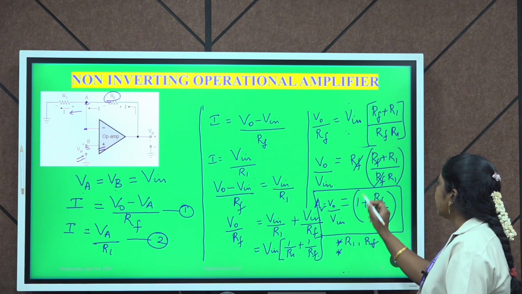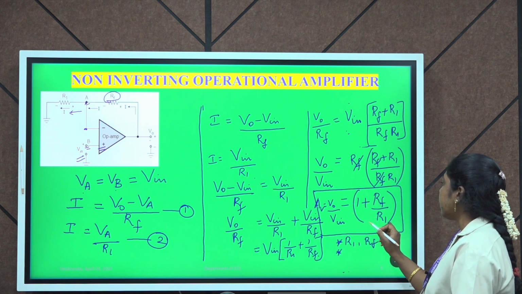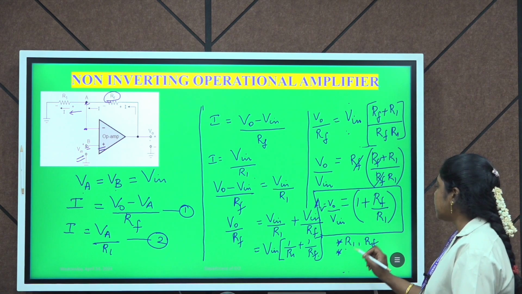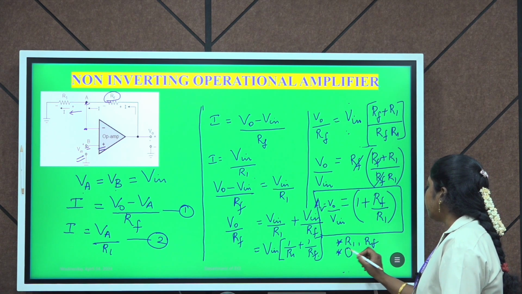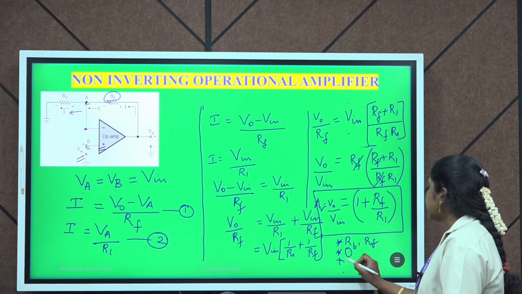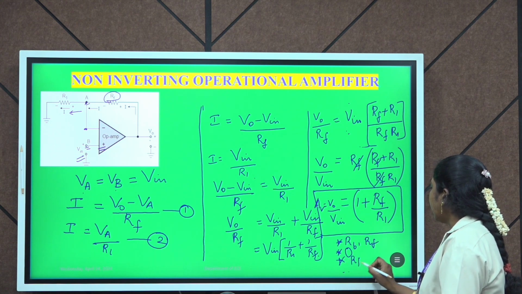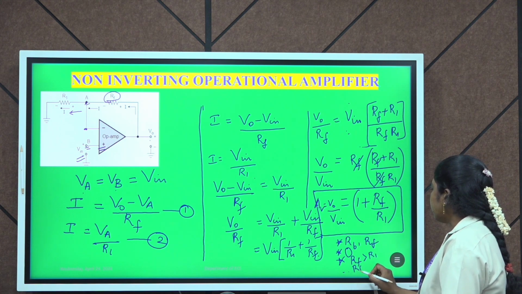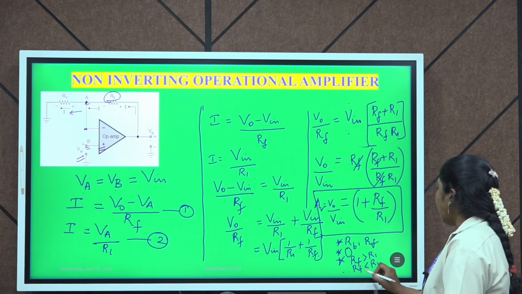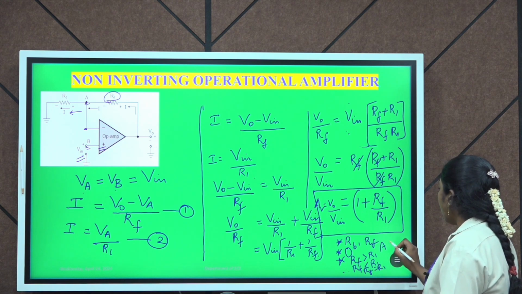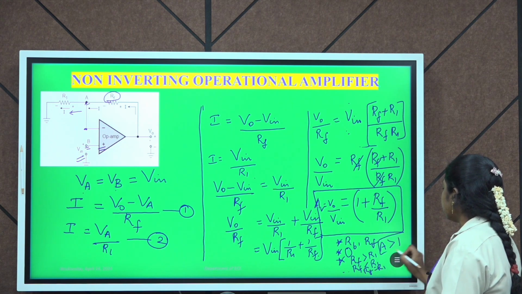Second inference is, since it is a non-inverting operational amplifier, whatever input is given to the non-inverting terminal, the output will have a 0-degree phase shift. And third inference is, whether the RF value is greater than R1, less than R1, or equal to R1, the gain will always be greater than 1.